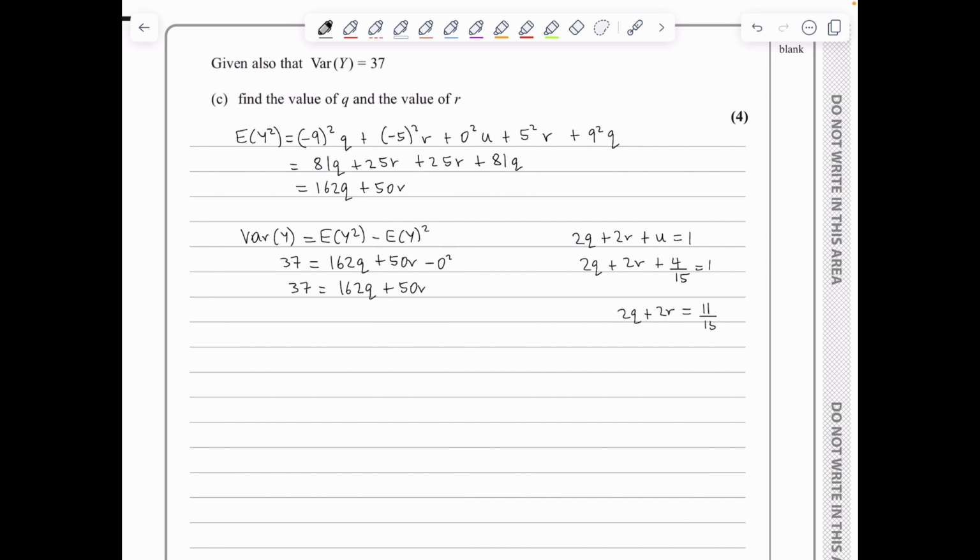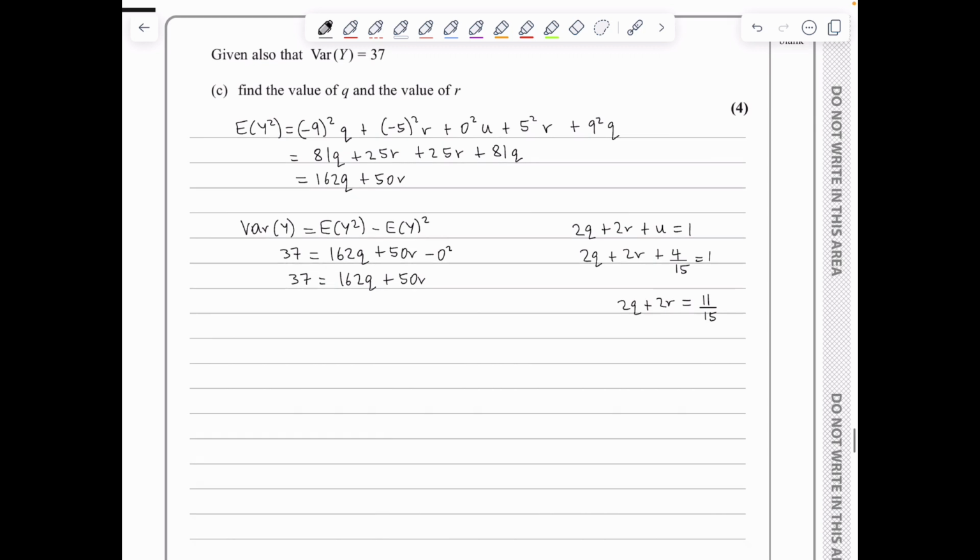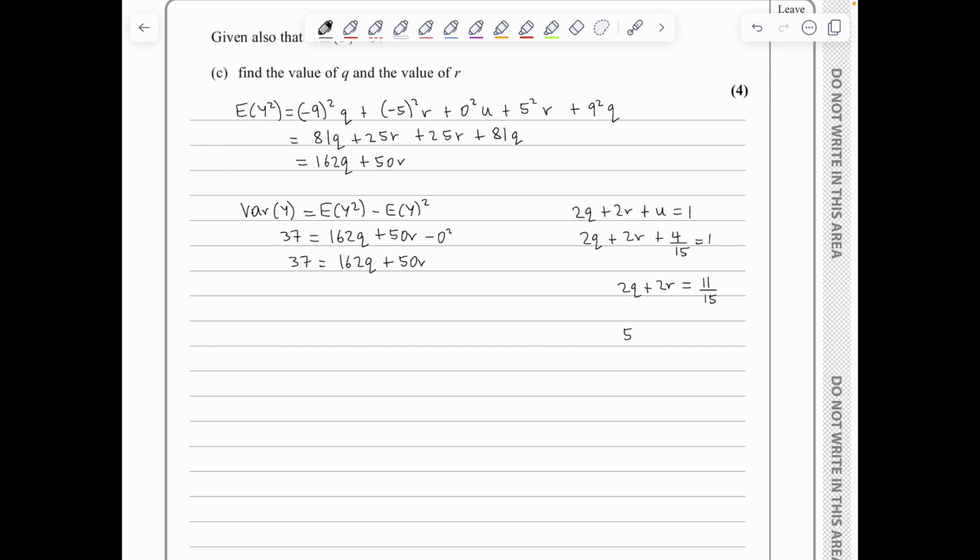I will multiply everything by 25, leading to 50q plus 50r is equal to 55 over 3, and therefore I can write this below the established equation here. So I've got 55 over 3 being equal to 50q plus 50r.